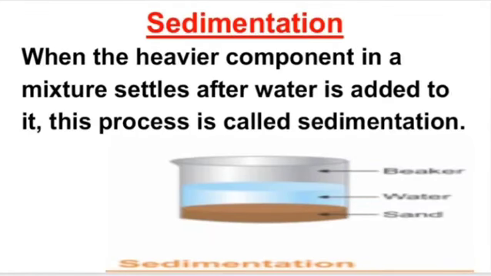This is called sedimentation. What is sedimentation? When the heavier component in a mixture settles after water is added to it. Like when we add water to rice, then the rice particles will sink to the bottom of the vessel, and we can pour out the dirty water, and in this way we can separate the impurities.